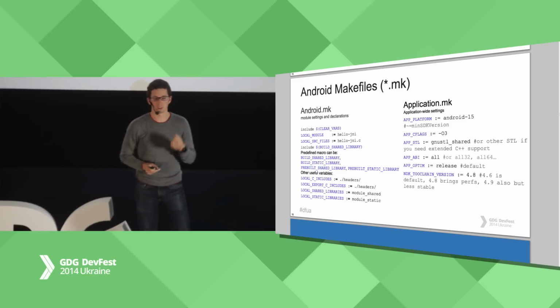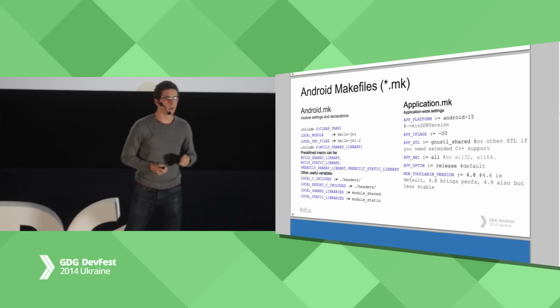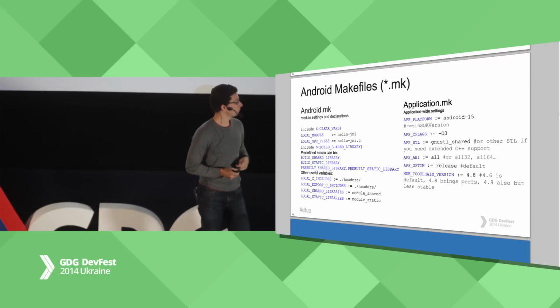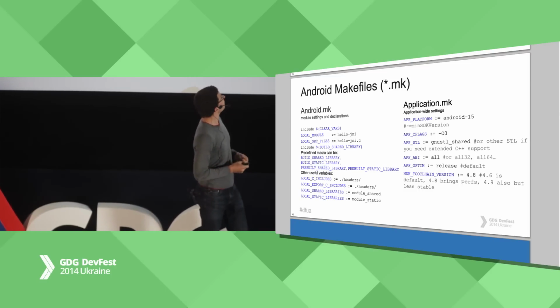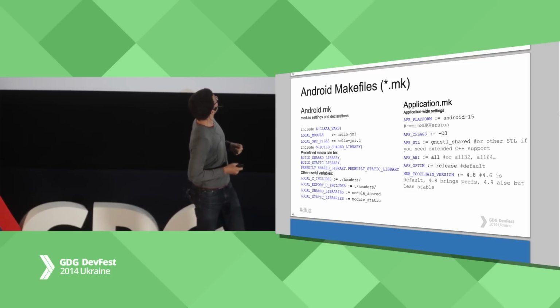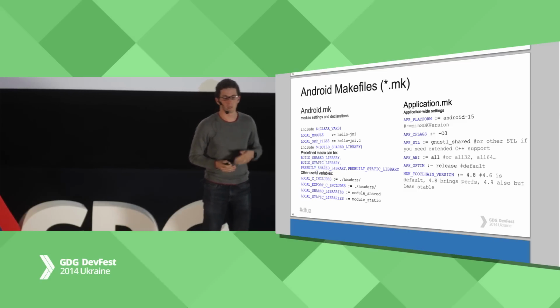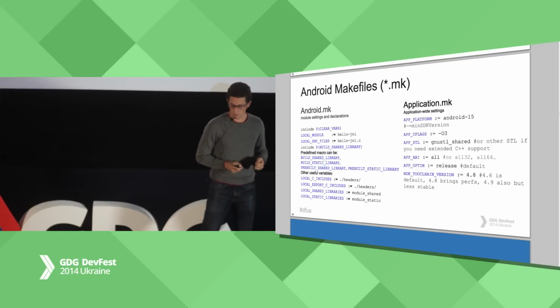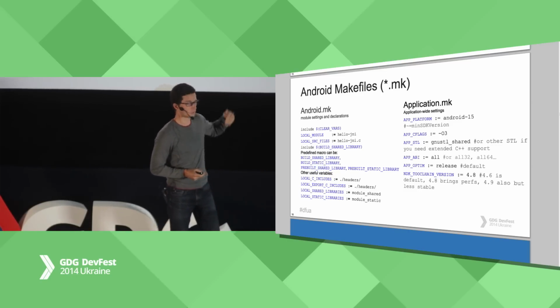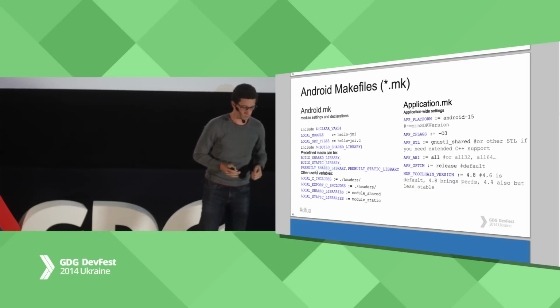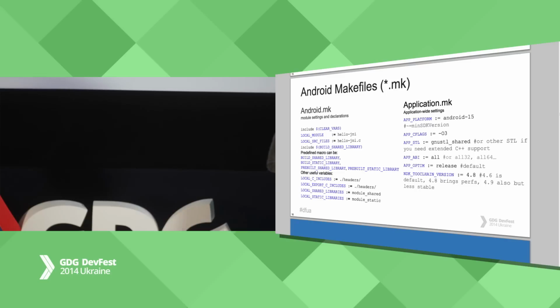So for example, the version of GCC you want to use, your minimum target API level. And also to define the CPU architectures you want to build against. By default, you build for all architectures. And now there are 8 different architectures, from ARMv5 to MIPS 64-bit.